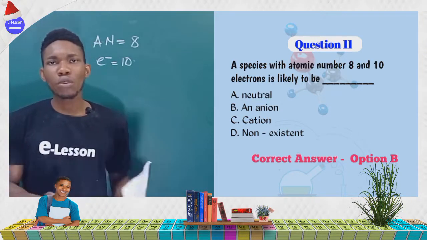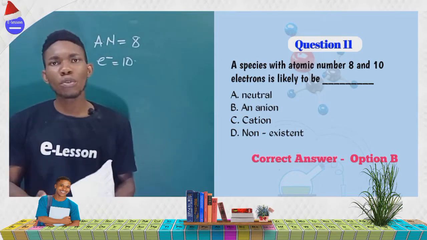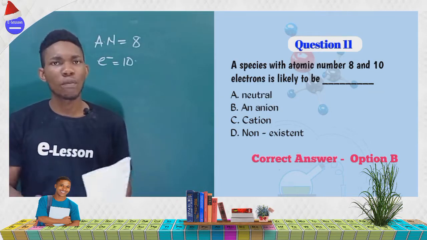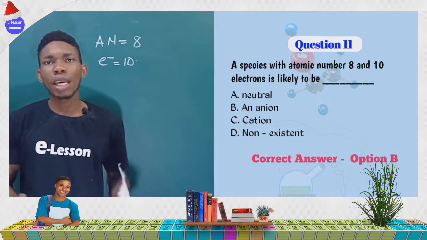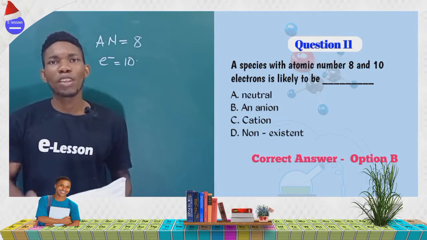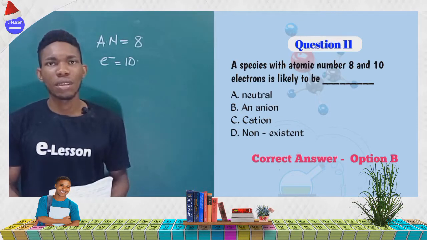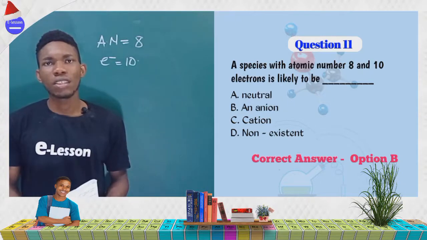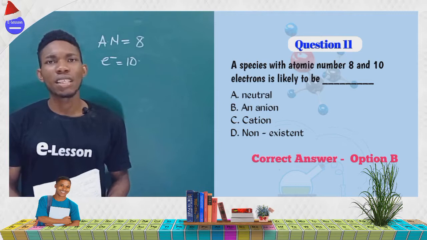For us to be able to provide a solution to this question, we must understand the composition of the atom. The atom comprises three subatomic particles: the protons, the neutrons, and the electrons. The protons are positively charged, the neutrons are neutral, and the electrons are negatively charged.